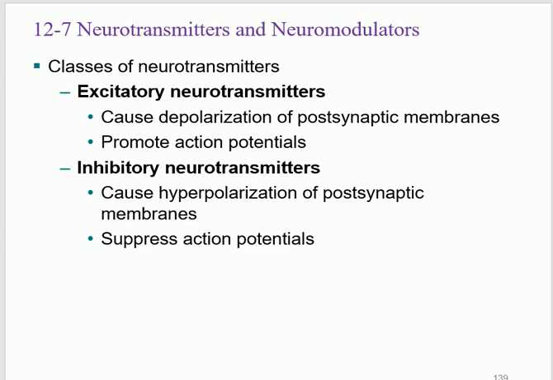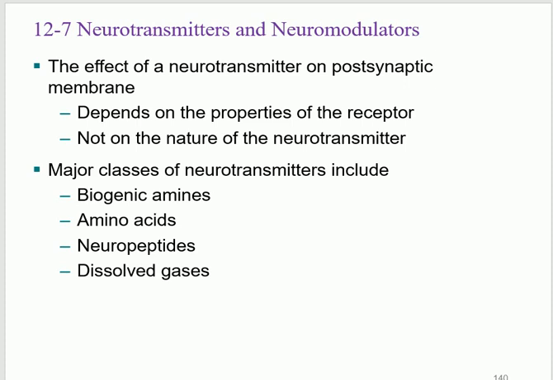When acetylcholine crosses the gap and goes to these receptors, they are instead going to open the gates for potassium, which is the opposite. So this is called inhibitory because instead of depolarizing, you're hyperpolarizing. This is called an inhibitory neurotransmitter. So some neurotransmitters are excitatory, some are inhibitory.